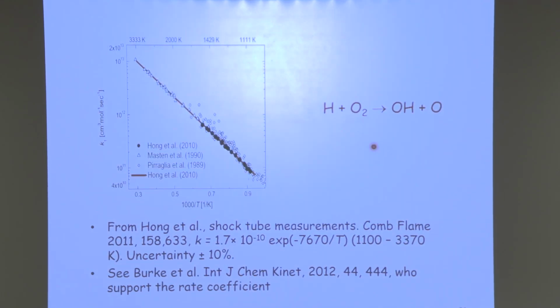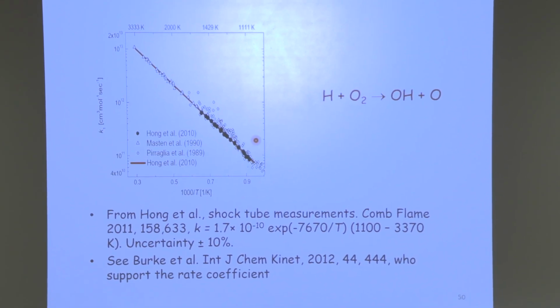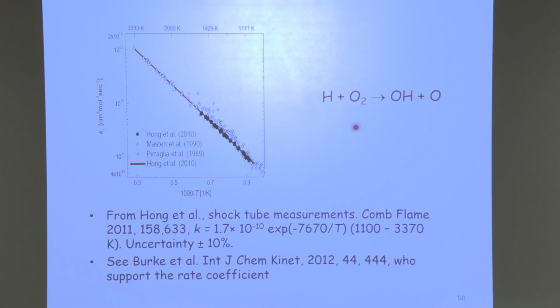Because this reaction is so important, a lot of people tried to measure it. This is state of the art as of 2010, or maybe 2011. And you can see that basically all these groups agree, but they don't agree perfectly, because you can see there's all these points that are off the line. And this turns out to be important because we're so sensitive to the rate coefficient of this reaction.